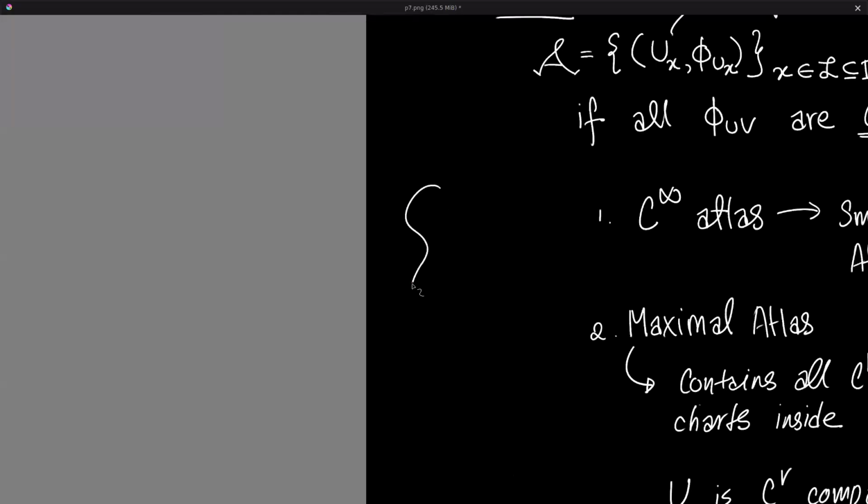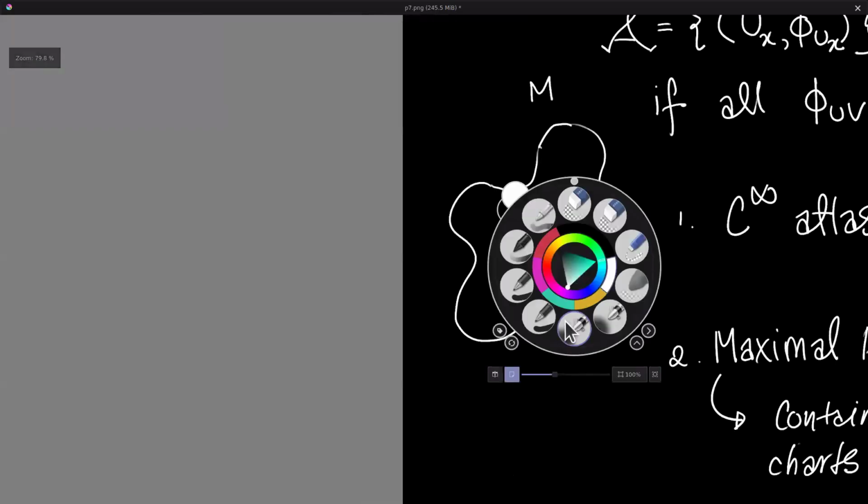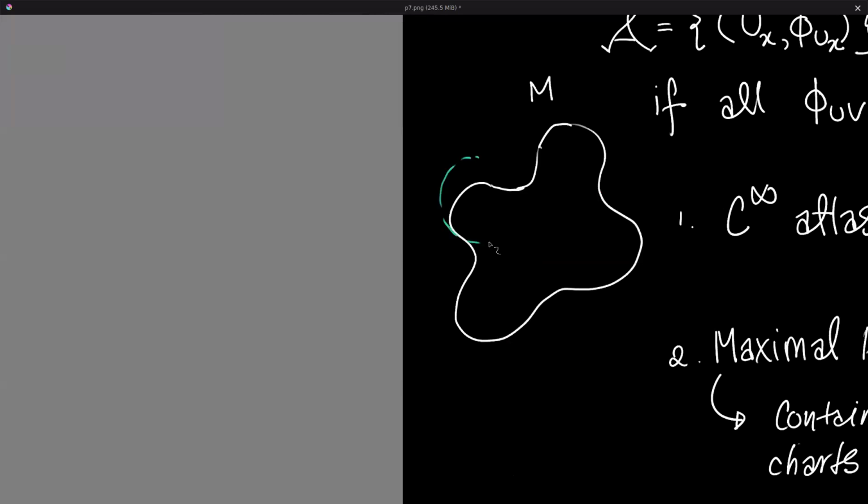Let's say I have a manifold M. To me, a manifold is really just a very weirdly shaped paint splotch on the ground. Let's say we think of these open sets, and I always think of open sets as being circular. They don't have to be circular.